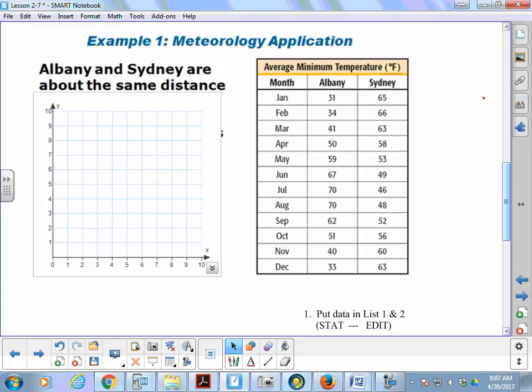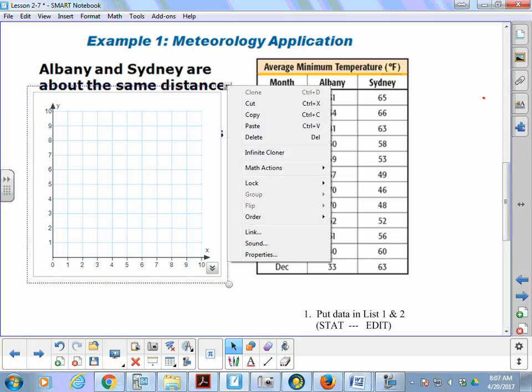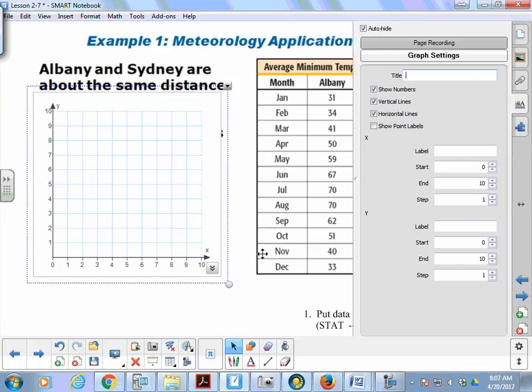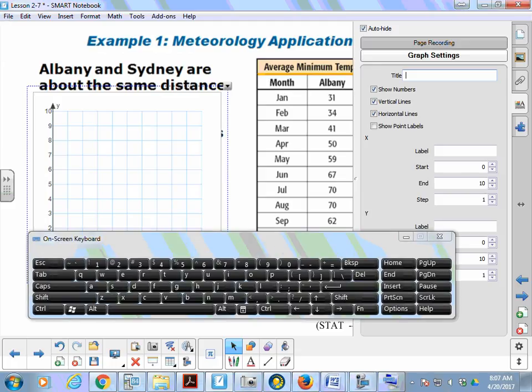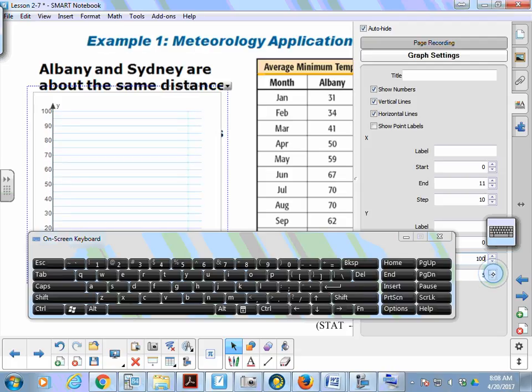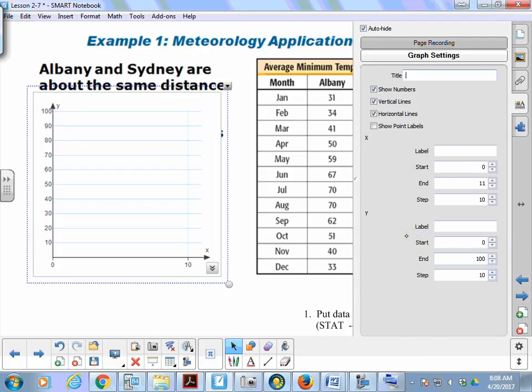I have from 1 to 10, but I'm actually going to change these so that they go from 0 to 100 on both the x and the y, going by 10.